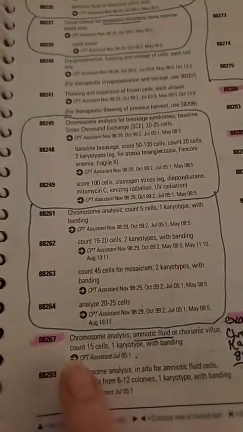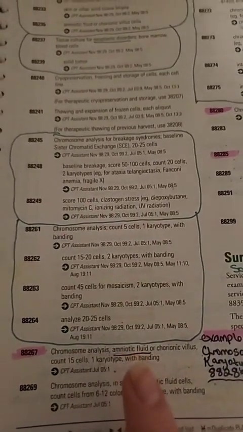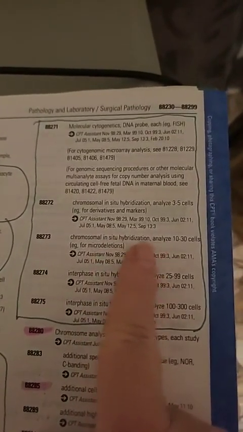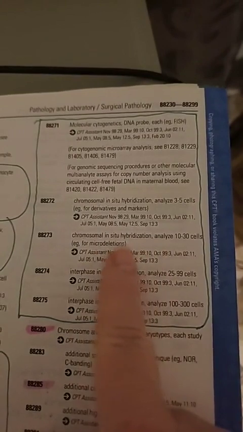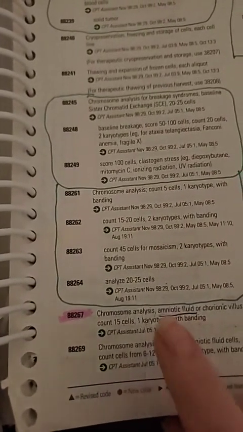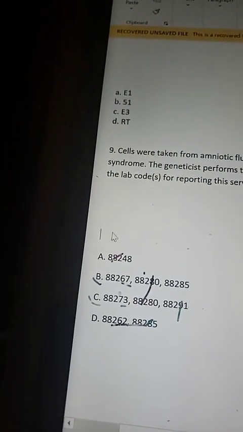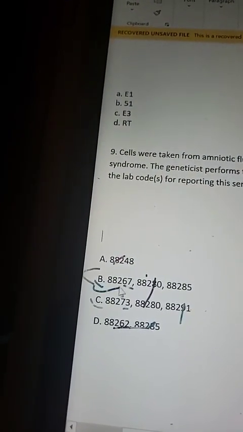We've got, it does say chromosomal, it does say amniotic fluid. The 88273 right here does say chromosomal, but it doesn't say anything about amniotic fluid. And because this one said the amniotic fluid, that's the one that I would pick, would be B, and move on.